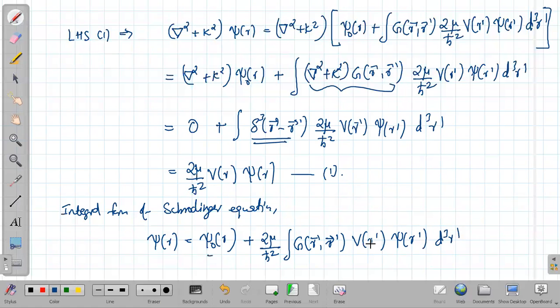Now what would be the psi 0 of r? Psi 0 of r is the solution for the homogeneous differential equation. Psi 0 of r will take the form e raised to i k dot r, or it is nothing but psi incident of r. So the psi 0 of r I can write as psi incident of r.